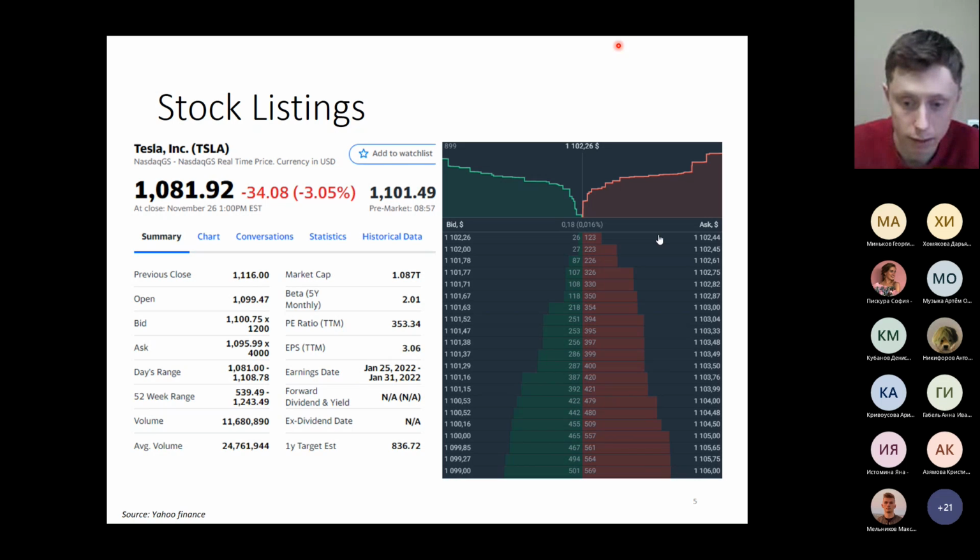But in essence, the trading process of currency and of the stocks would be similar. There is also this order book, there is bid, ask price, and once they are overlapping, we have the new exchange rate.